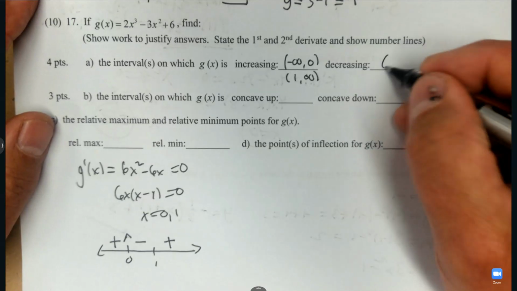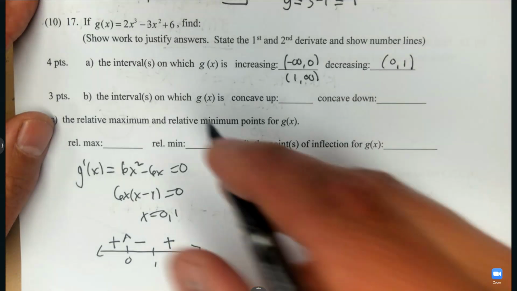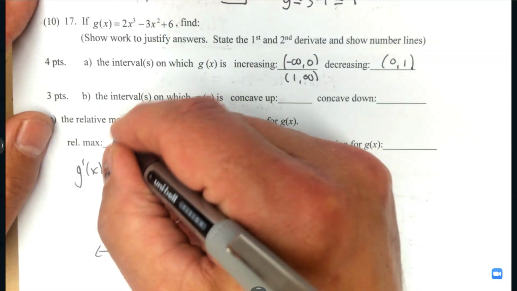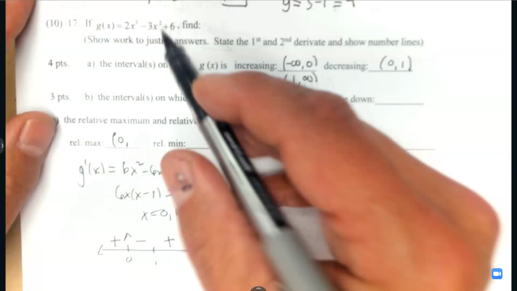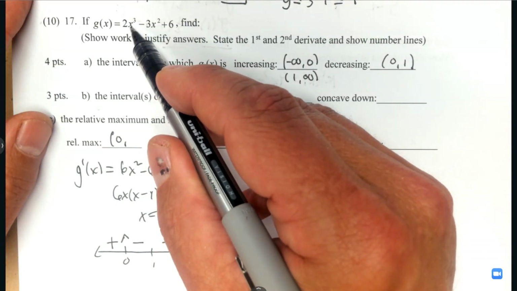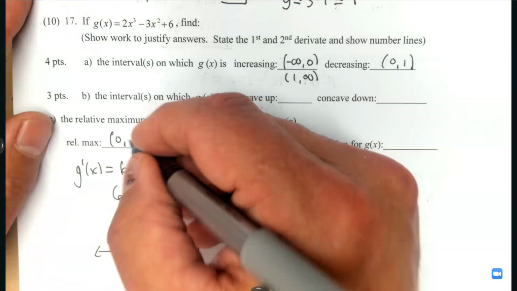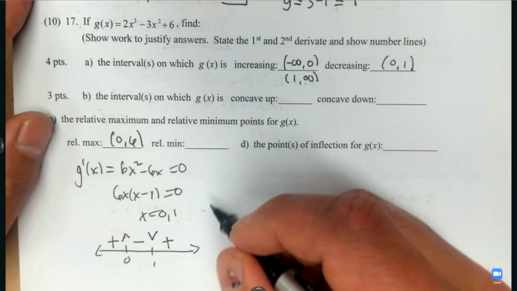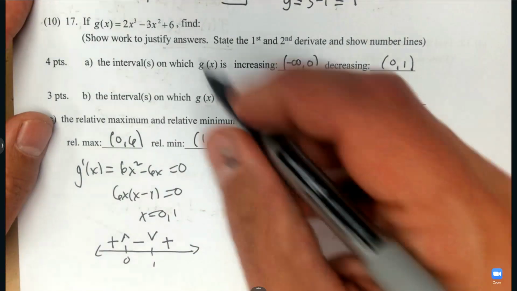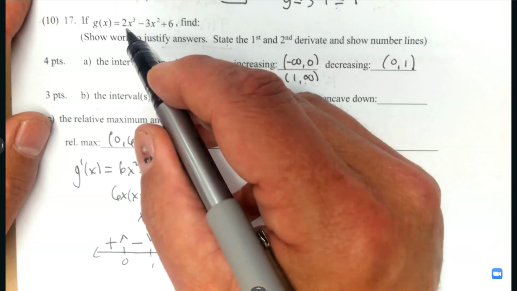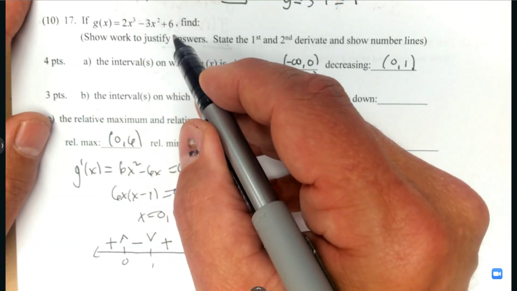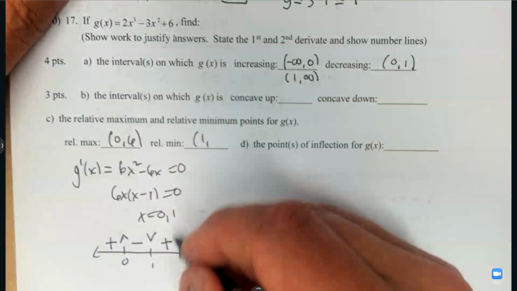It's decreasing from 0 to 1. I know there's a maximum at 0, and if I plug 0 into the function, I got 6. I know there's a minimum at 1, and if I plug 1 in for x, I get 2, take away 3, plus 6. That's 5.